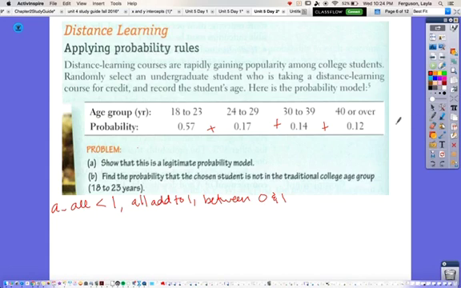So for B, it says find the probability that the chosen student is not in the traditional college age group, 18 to 23. So what we can do for that is we can say, okay, we know that the whole is going to be 1, so we could subtract out the probability that you are in the 18 to 23 group.